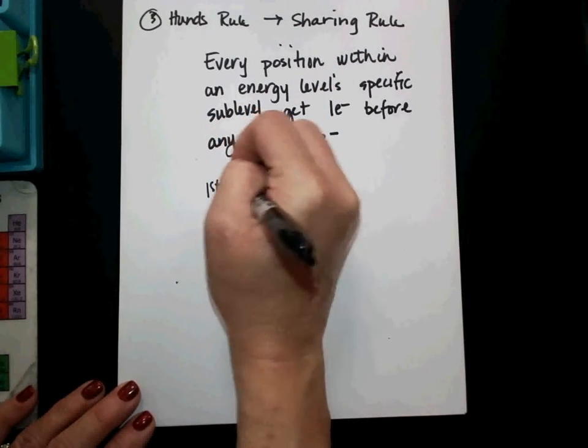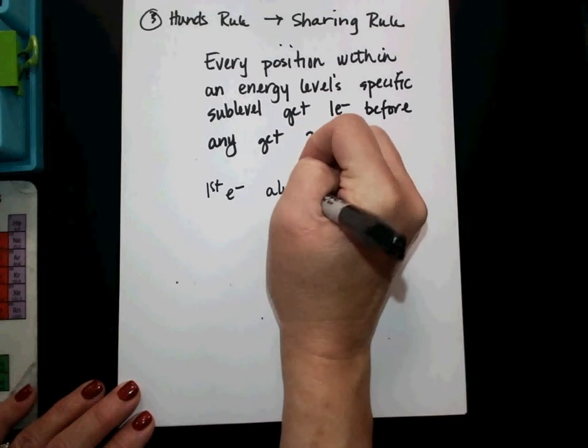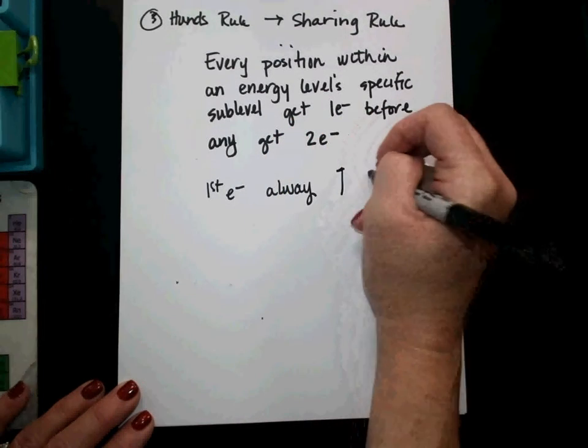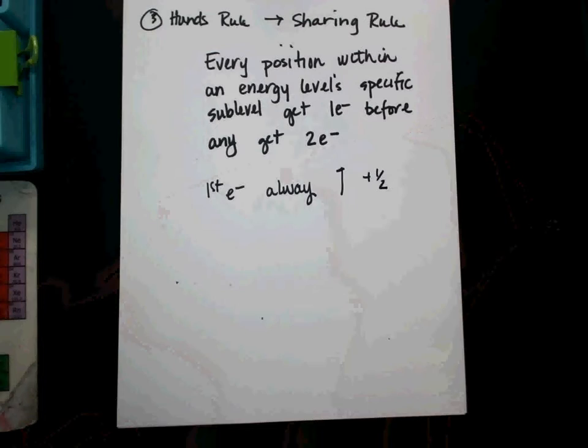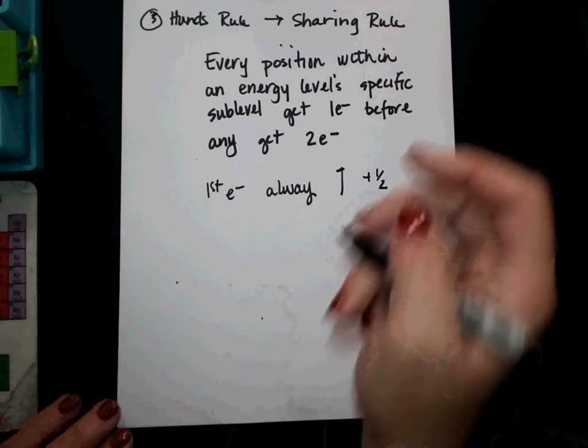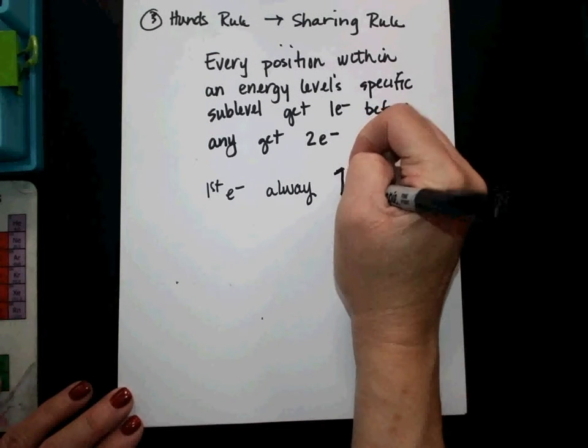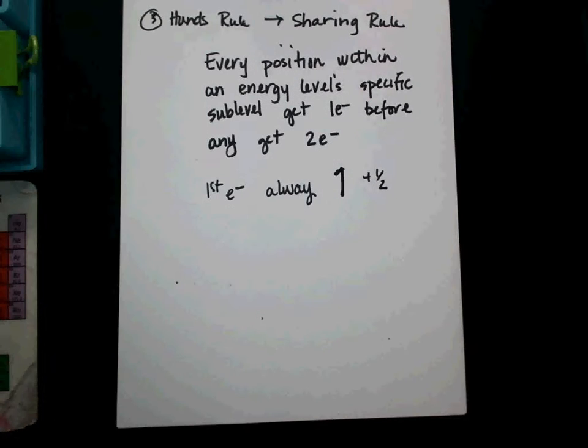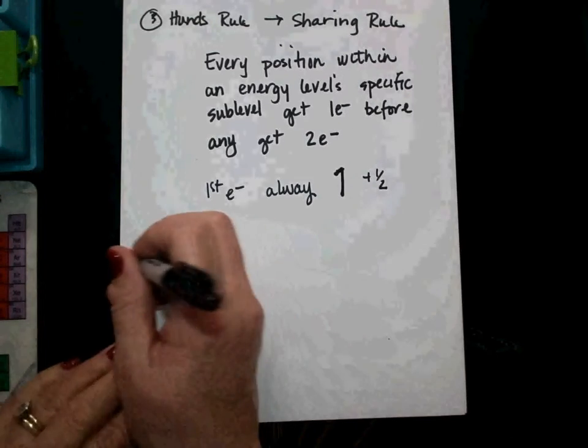And the first electron is always a plus 1 half. It's always written as that up half of the arrow. It always has a value of plus 1 half. And it'll be a lot more clear after we do a couple of these with elements from the periodic table, I think. Okay, so those are the 3 rules we have to remember when we do this stuff.